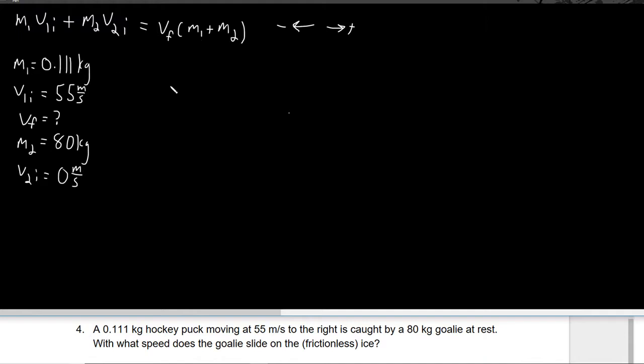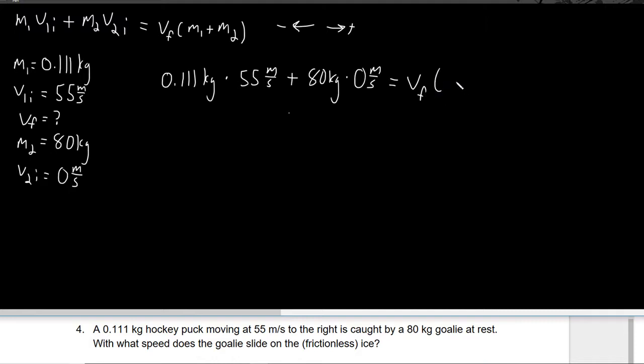Mass 1 is 0.111 kilograms times the initial velocity of object 1, 55 meters per second. We need to add the initial momentum of object 2, so we've got 80 kilograms. This one's easy: the goalie's initial velocity was 0 meters per second. We're looking for Vf here, so let's just leave it Vf.